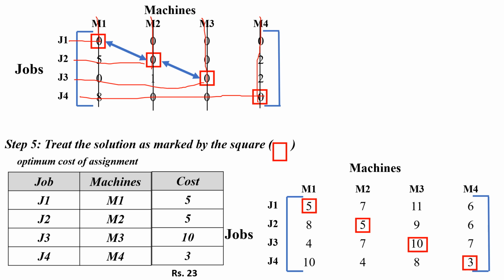Then the total cost will be 5 plus 5 plus 10 plus 3, that is 23. So the optimal cost of assignment is 23.